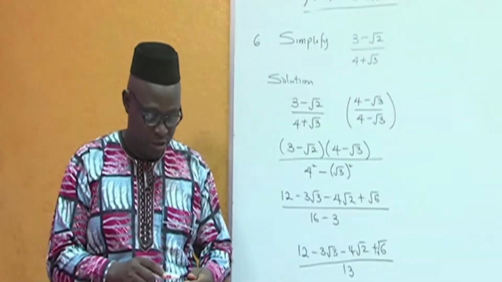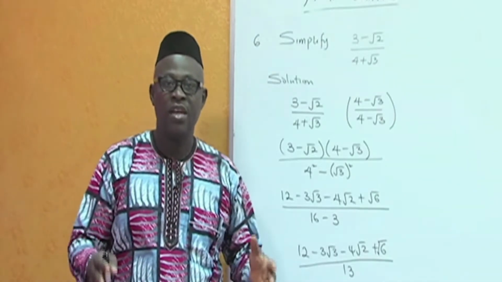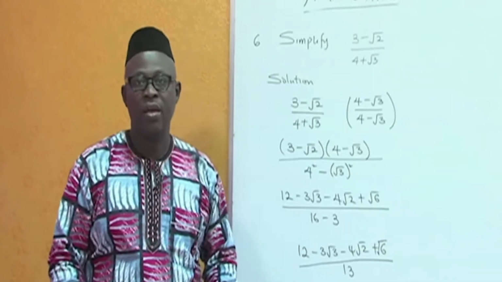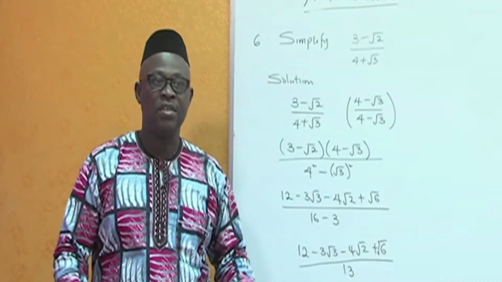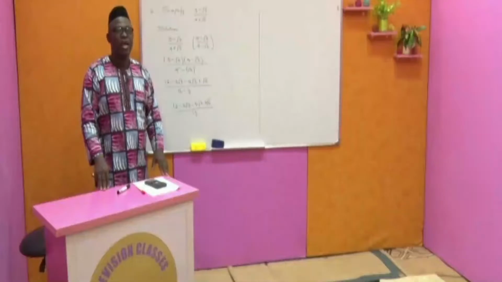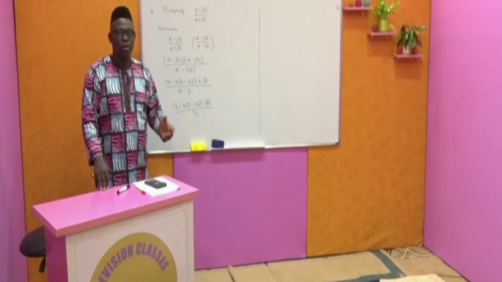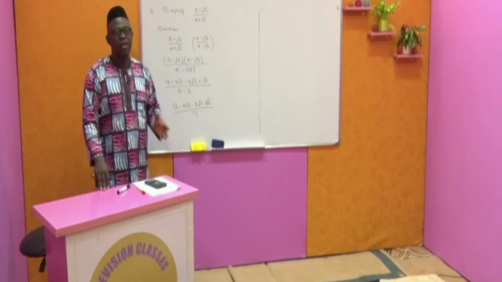Now, two things we have mentioned here. If you need to simplify a sort, it's either you are working with the perfect square or you are rationalizing using the conjugate of the sort you have in the denominator. So anytime you are to simplify a sort, the option that must come to mind is for you to pay attention to the perfect squares.